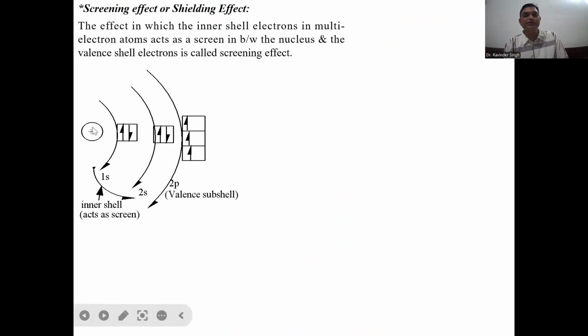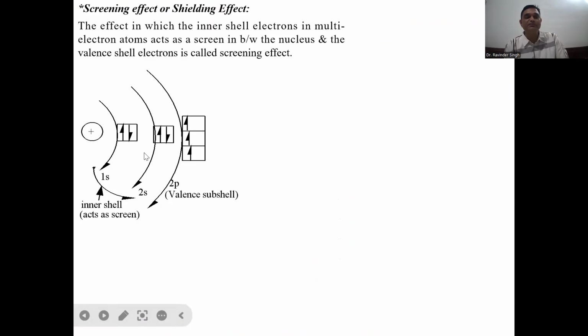The attraction between the nucleus and these first s electrons is more as compared to the 2s and the 2p electrons. Why does that occur? It happens because the attraction between the 2p electrons and the nucleus is less due to the presence of these intervening electrons.